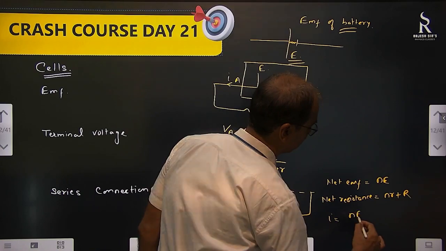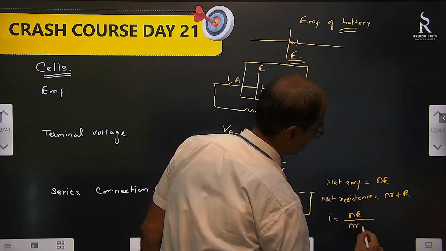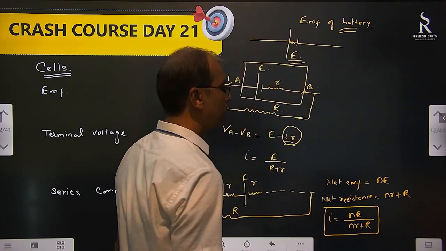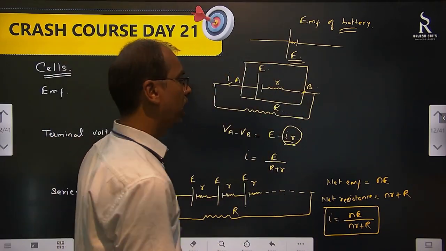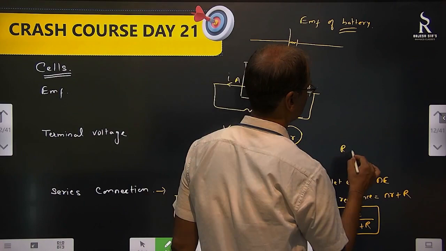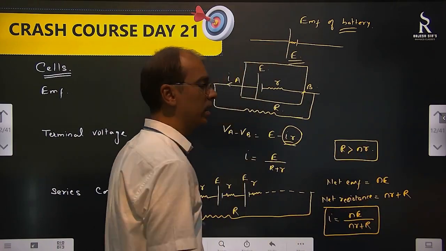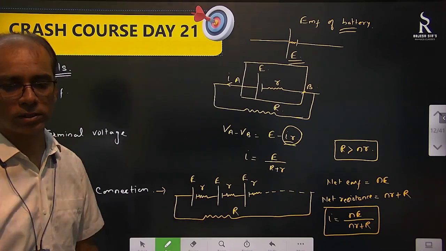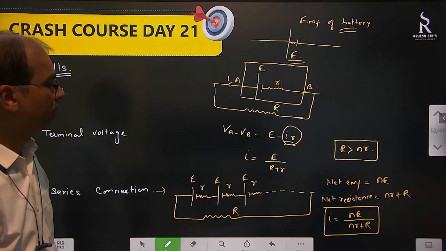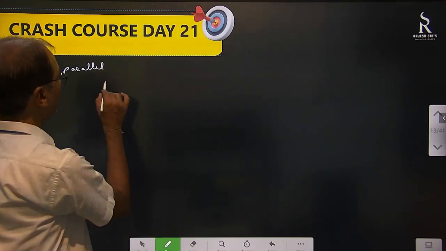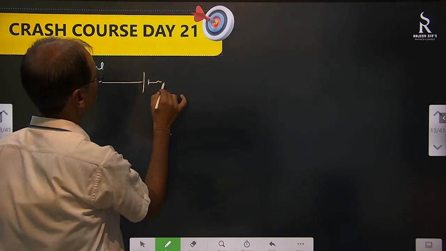The I value will be NE by Nr plus R. Okay, when to use series connection? When R is greater than Nr. When the external resistance is on the higher side, we use series connection of the cells. Okay, remember. Parallel connection. So parallel connection also is there, like this.